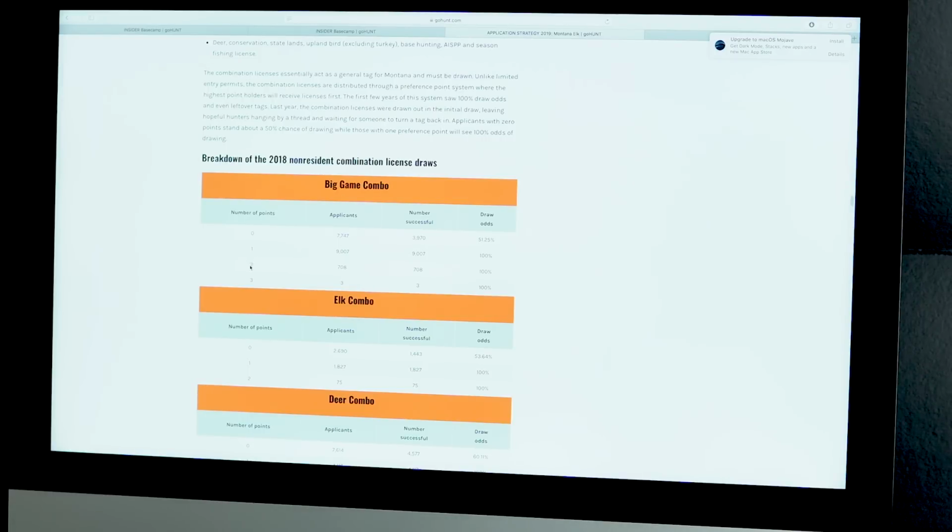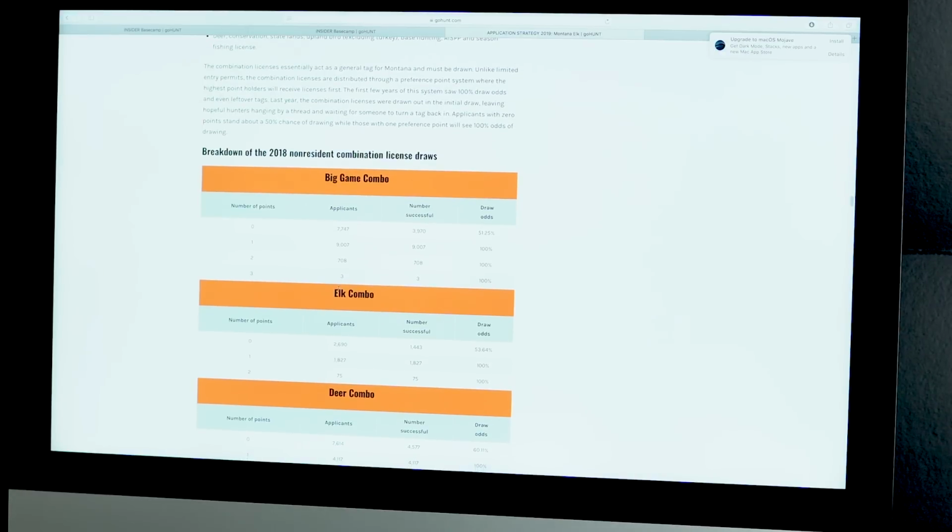Everyone with 1 point, 2 points, or 3 points was guaranteed to draw that license. On the elk combo, which is the elk only license, there were 2,700 applicants with 0 points and about 1,400 drew. So you had a draw odds of 53%. If you had 1 point or 2 points, you were guaranteed to draw.